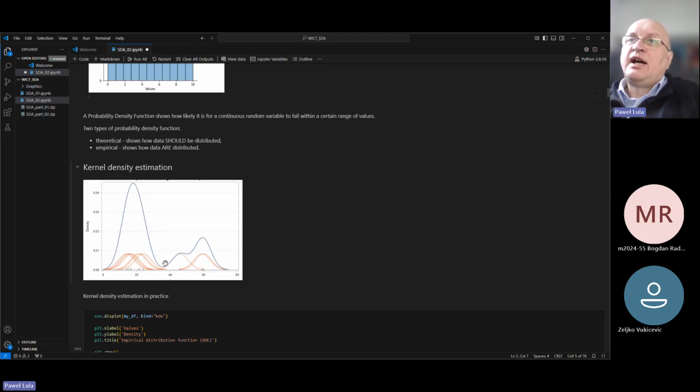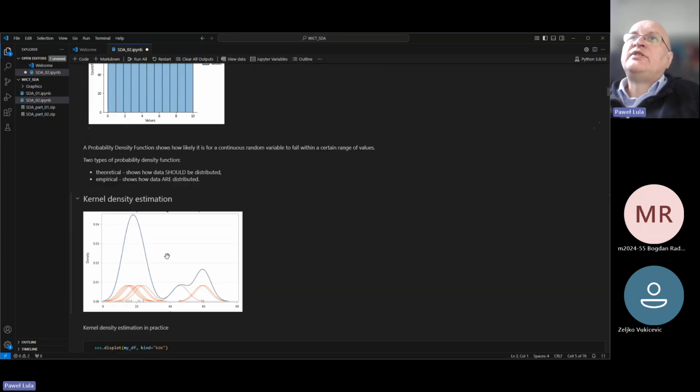And I will return to this picture. And this probability density function, we can have this probability density function in two forms, theoretical and empirical.